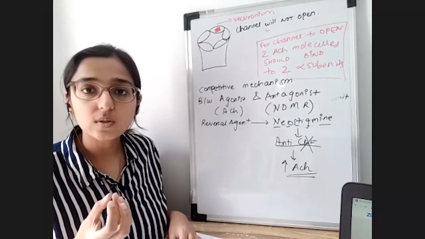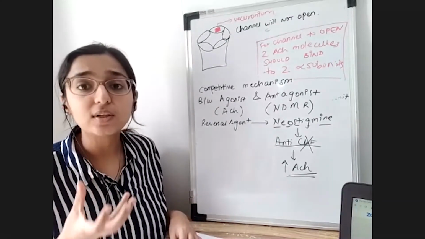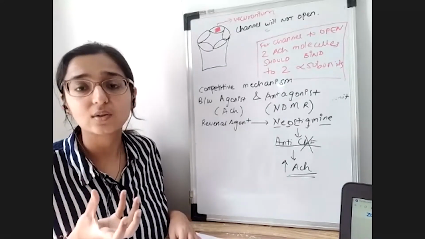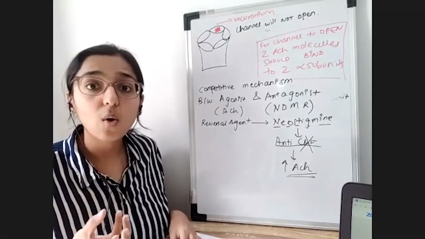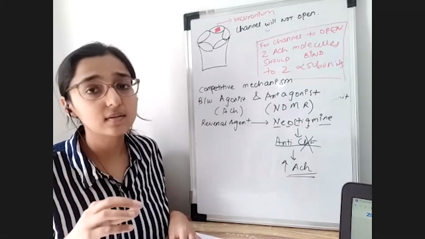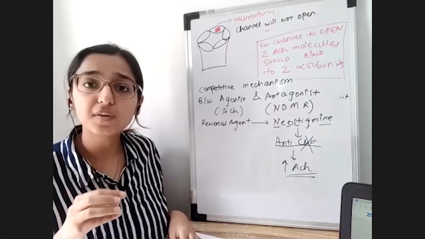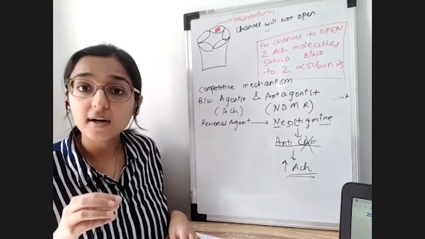You might give neostigmine and you might temporarily be able to increase the concentration of acetylcholine in the junction. And that acetylcholine might also end up displacing the relaxant from the receptor and occupying the receptor, which gives you a feeling that the patient has been reversed. But we are mistaken.